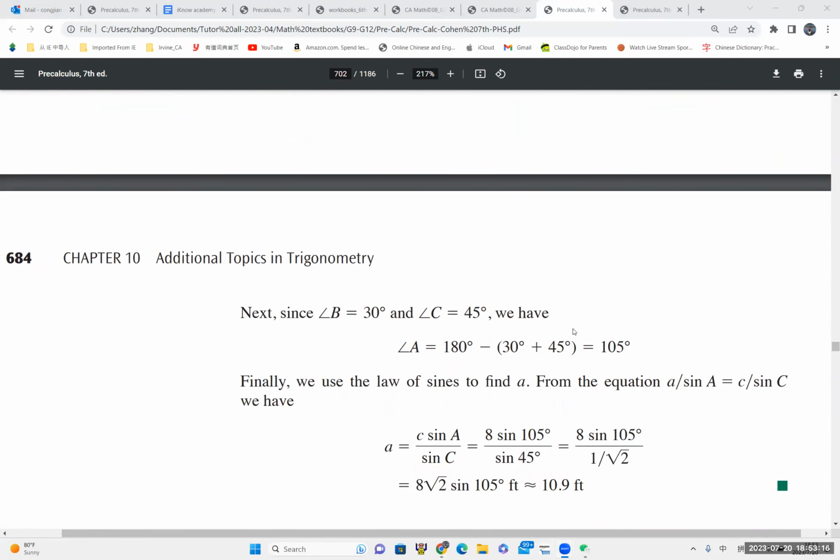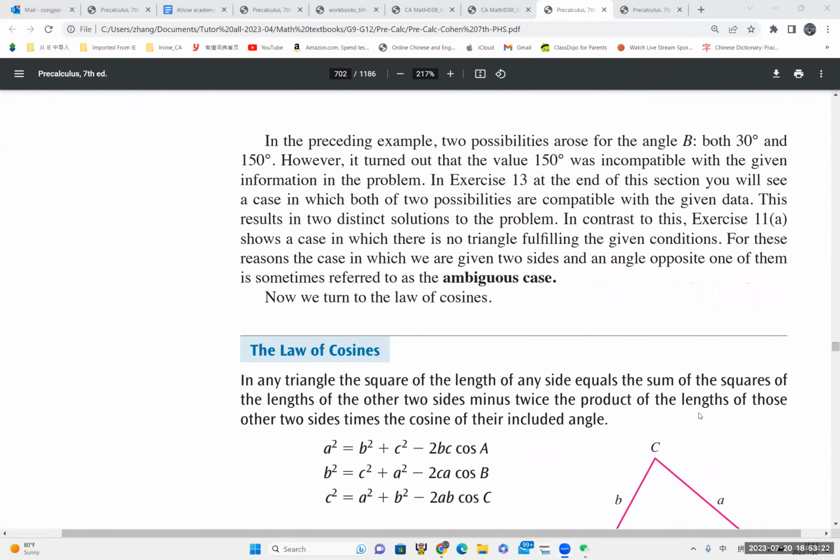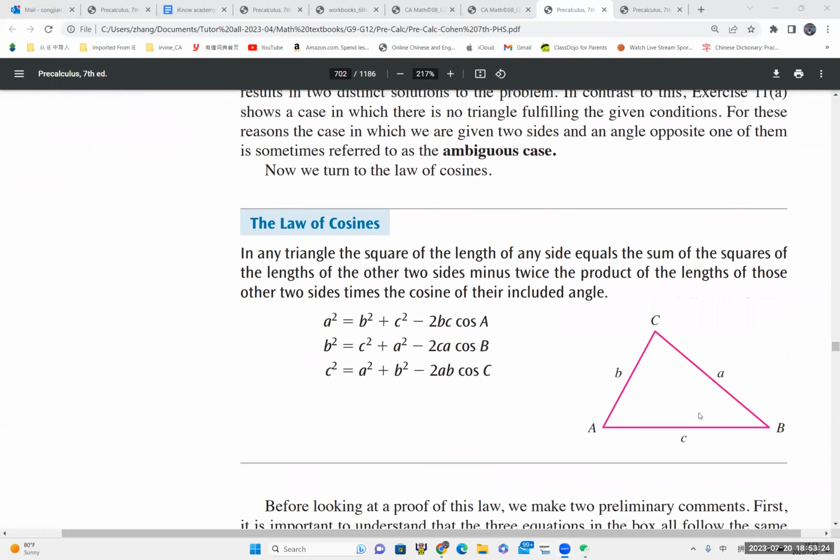Next. Generally, when sine B equals some value, there may be two cases: B is acute or B is obtuse, right?